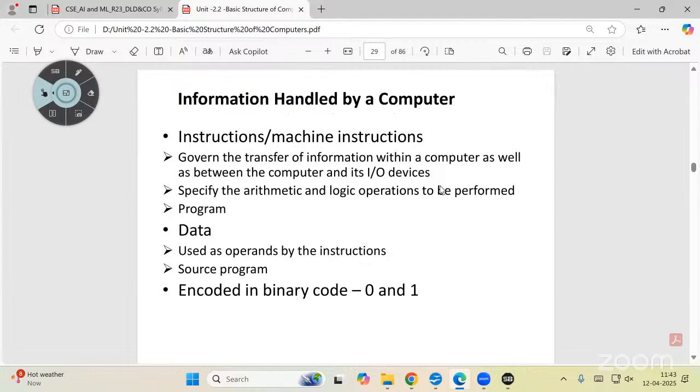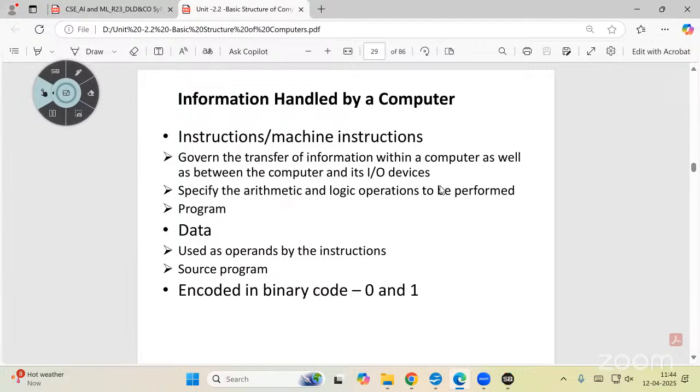The information handled by a computer includes instructions, or machine instructions, which means a computer understandable language that can be stored in the memory.